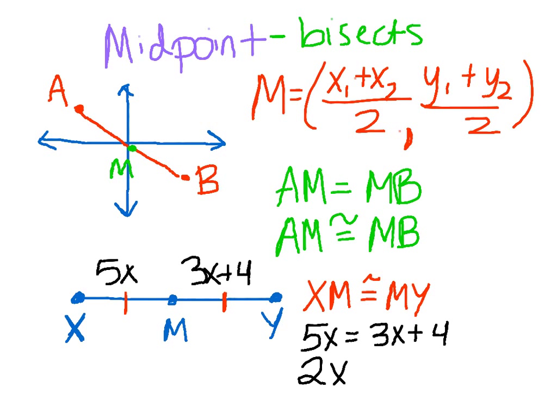So I would get 2x equals 4, so x equals 2. Okay, well, let me take that one step further and plug it in here. So I'm going to take that 2 and plug it in. 5 times 2, well, that's 10. 3 times 2 is 6, plus 4 is 10. So I know that my two parts are supposed to be congruent, and they are. I've solved and plugged it in correctly to check my work.